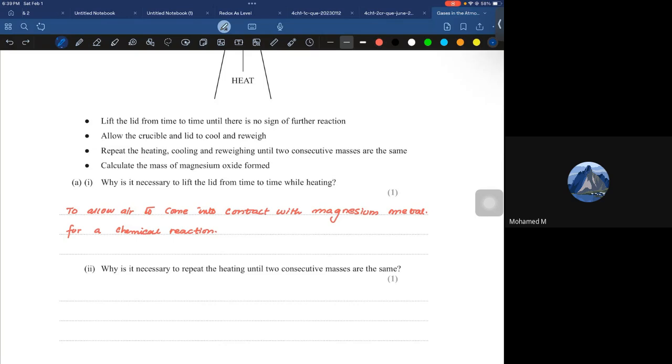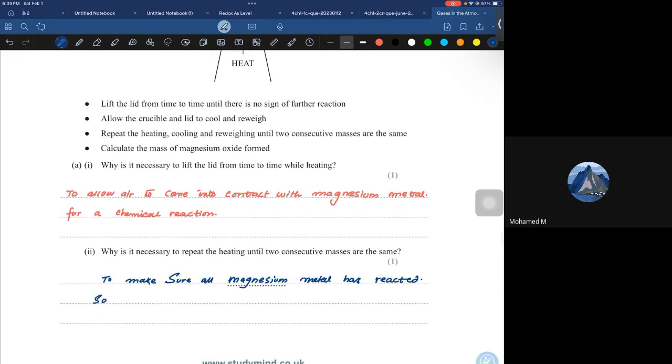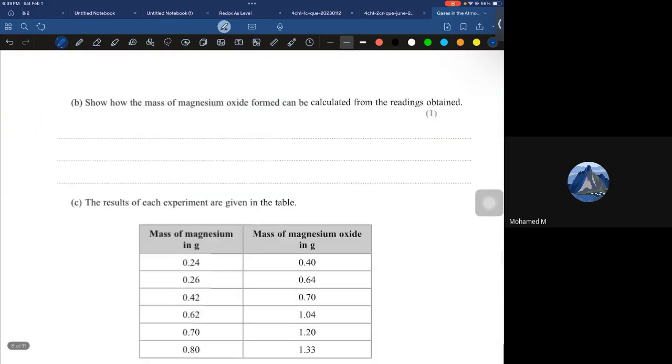So to make sure all the magnesium has reacted, so no more oxide is formed. That's the reason you're going to heat repeatedly and take your reading.